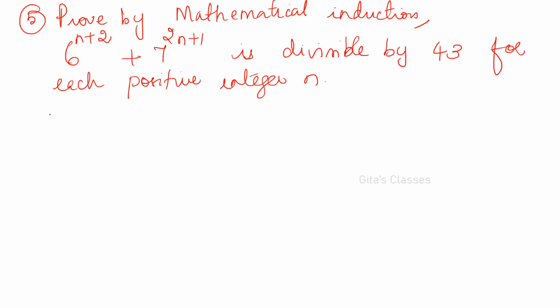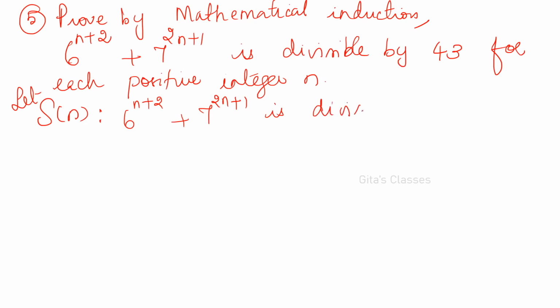So let us take S(n) as the statement: 6 power n plus 2 plus 7 power 2n plus 1 is divisible by 43. You can prove it either for n is equal to 0 or n is equal to 1.